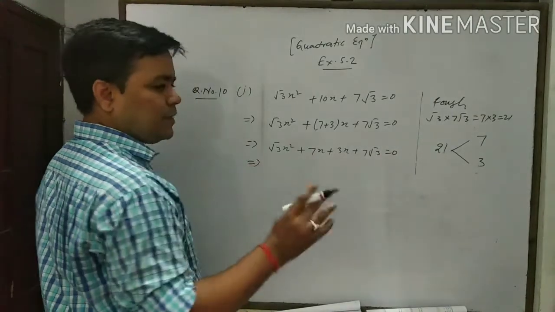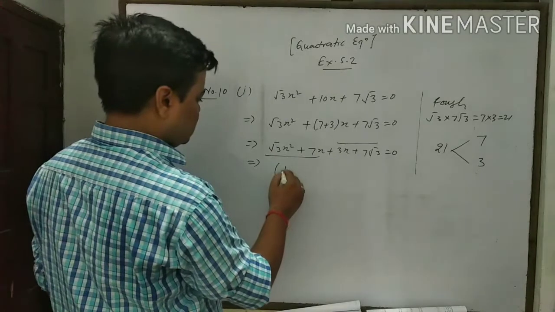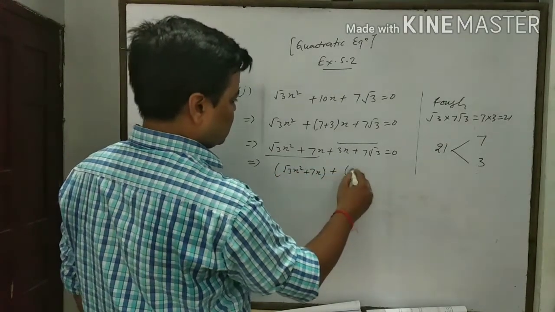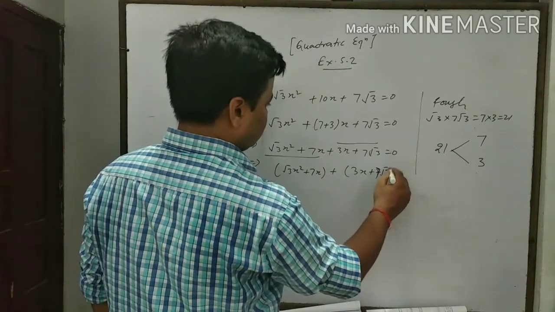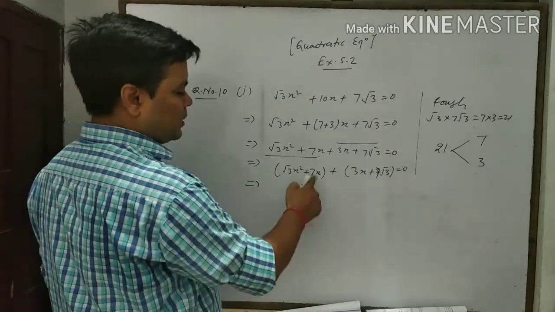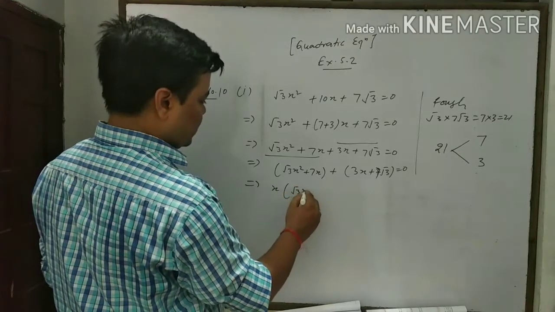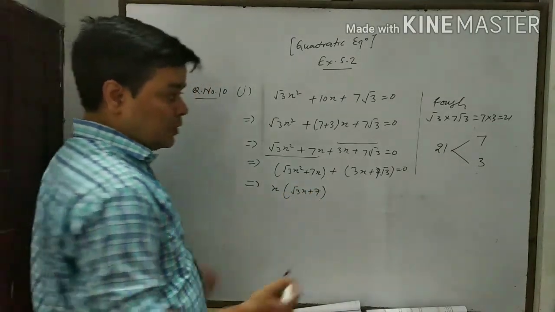Now it will be better to make a group of this and this. Then how do we write? Root 3 x square plus 7x, plus 3x plus 7 root 3 is equal to 0. Now what is common here? x here and x here, so take x common. It will be x into root 3x plus 7. Now what is common here?